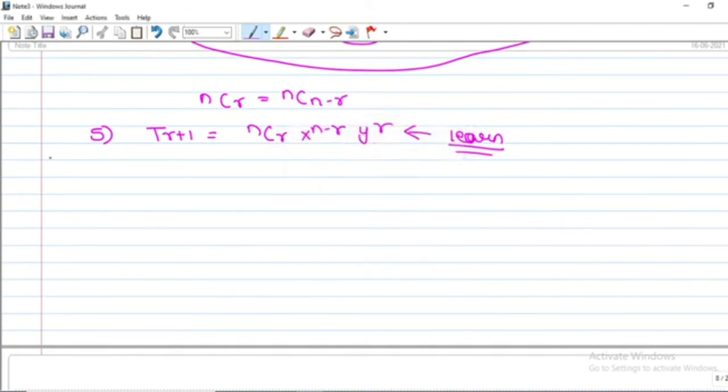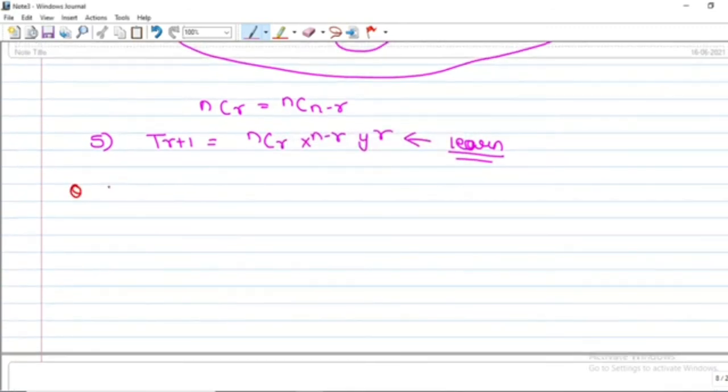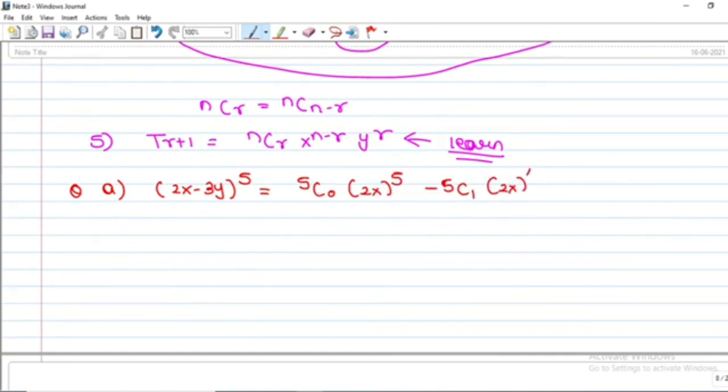Now let's do the first one, which is A1. A1 is (2x minus 3y) power 5. If you expand, it is nothing but 5C0 in the first, (2x) power 5, the total power. Negative will appear next: 5C1, 2x power 4, and here (3y) to the power 1.